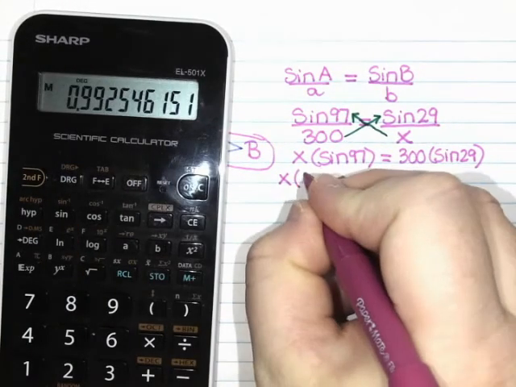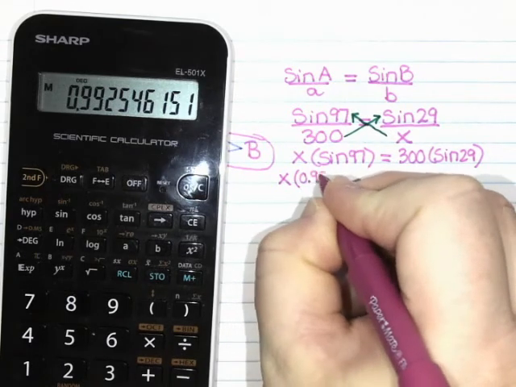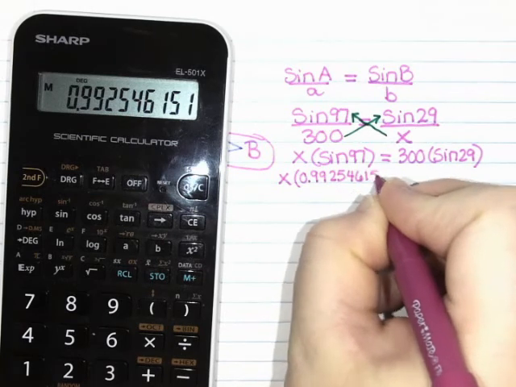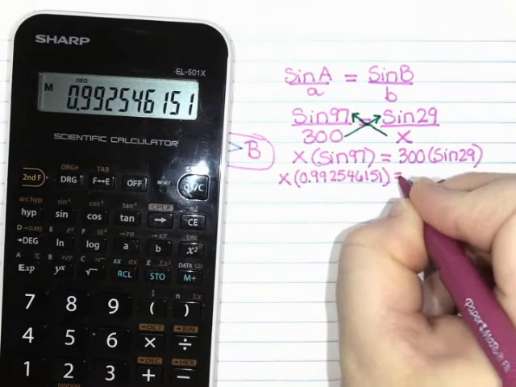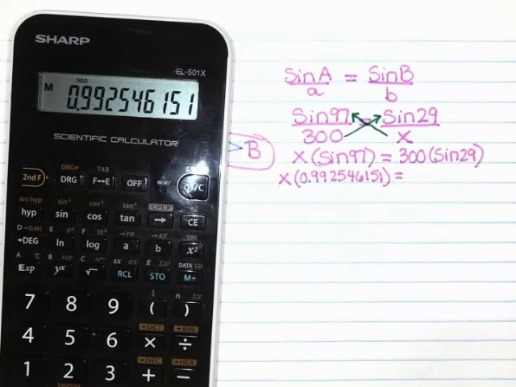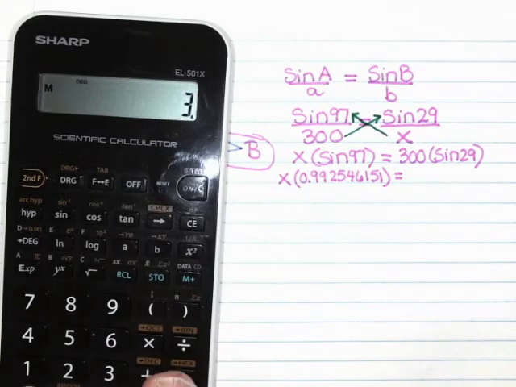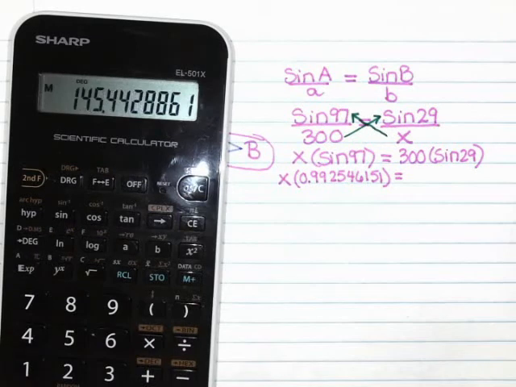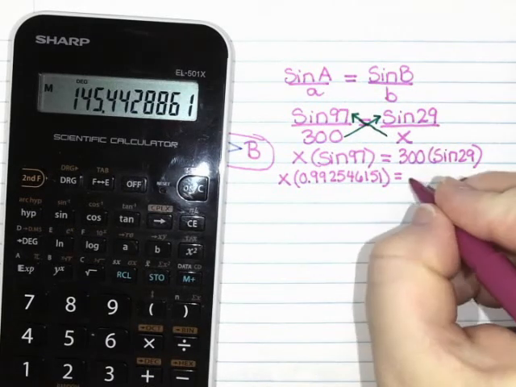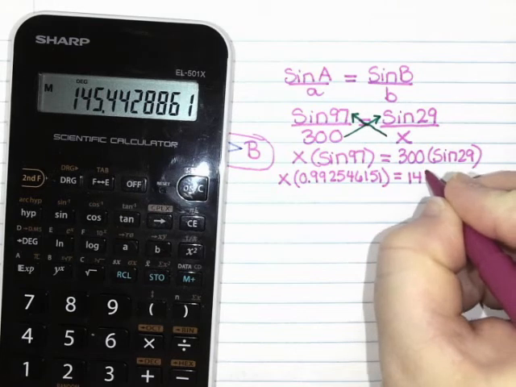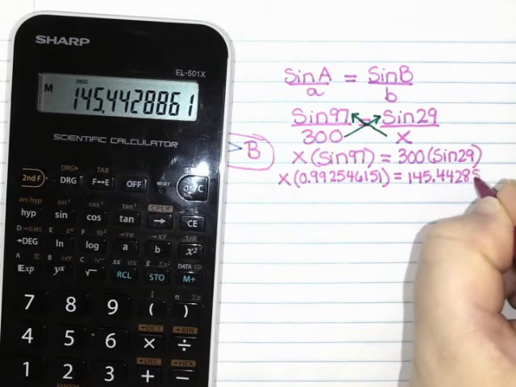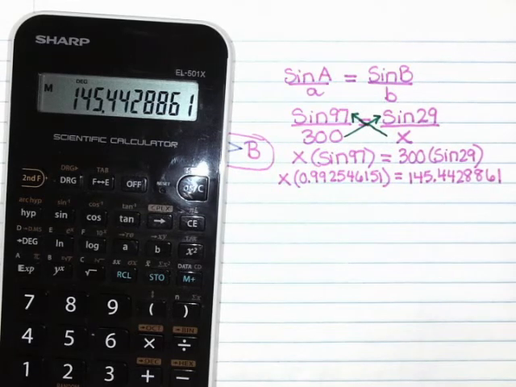So I have 0.992546151. And then that equals 300 times sine of 29. Now I'm assuming by this point that you have figured out how to use your calculator and don't need me to keep walking you through it. So I have 145.4428861.